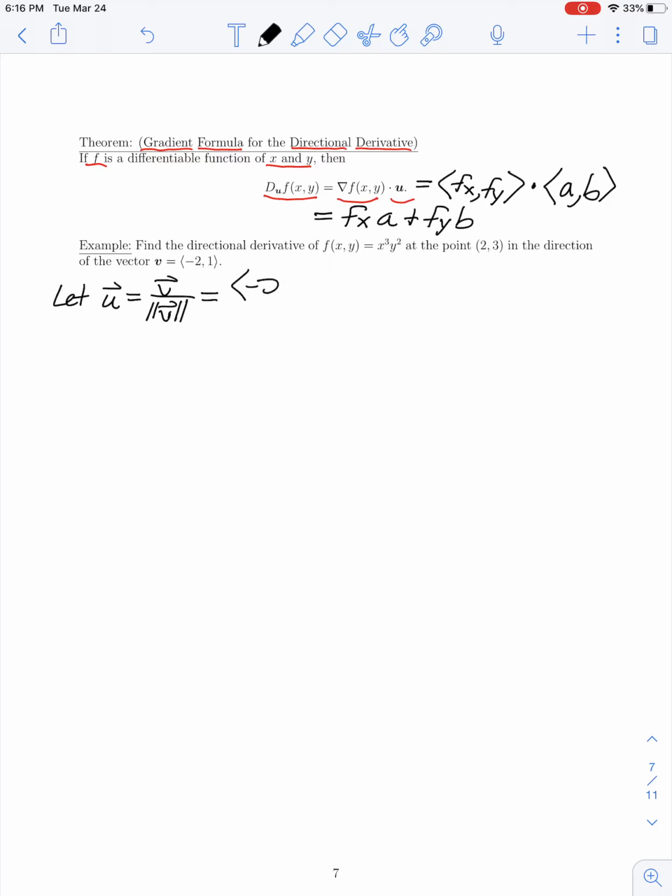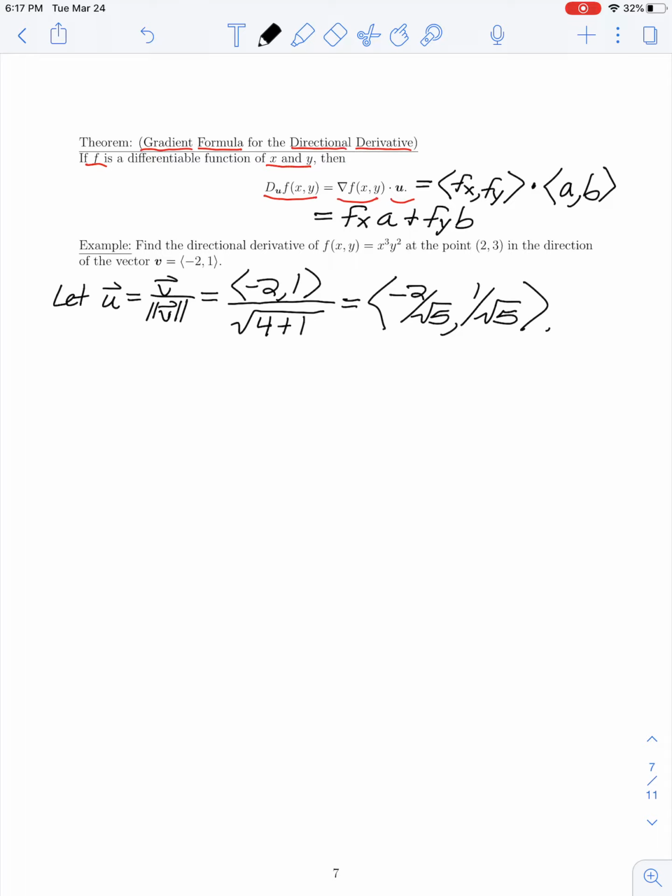So here we're going to take our vector v and divide through by its magnitude. v was the vector (negative 2, 1), and its magnitude is the square root of 4 plus 1. So our unit vector is (negative 2 over the square root of 5, 1 over the square root of 5).